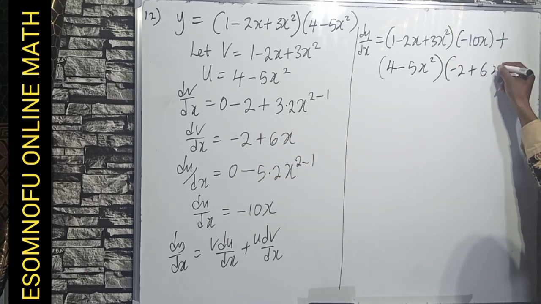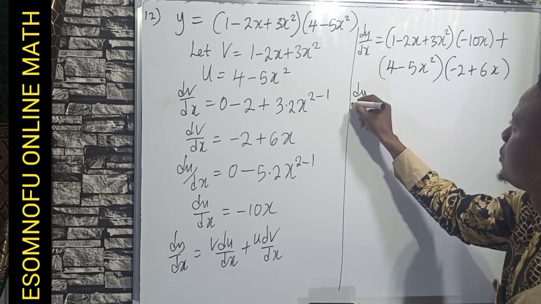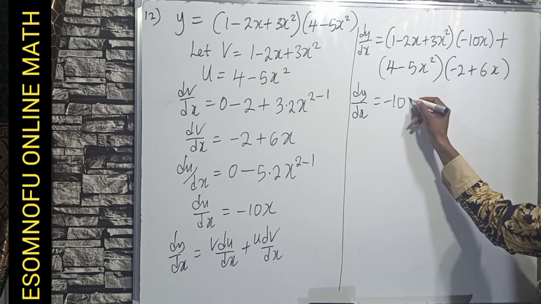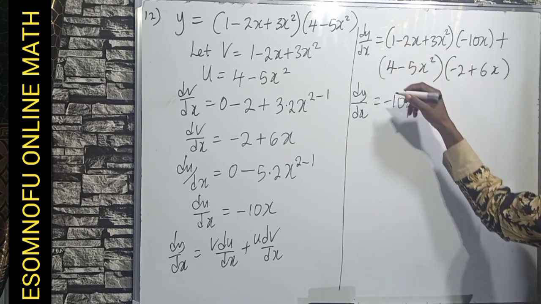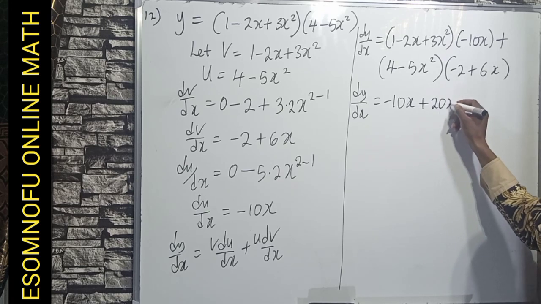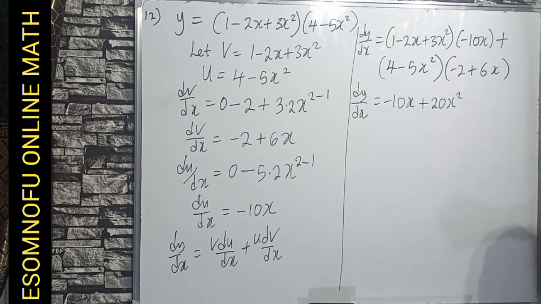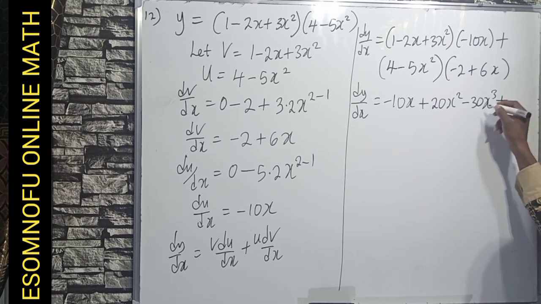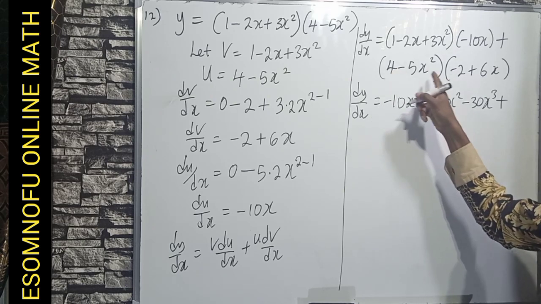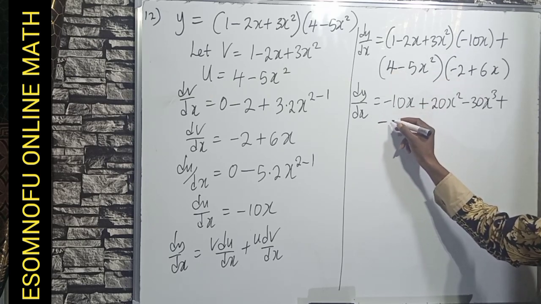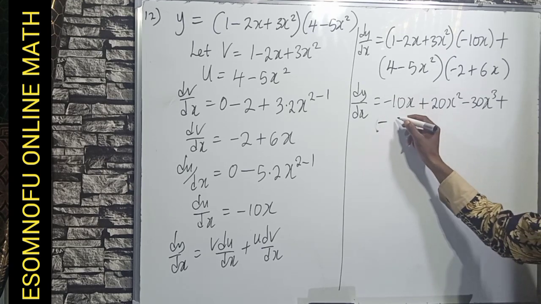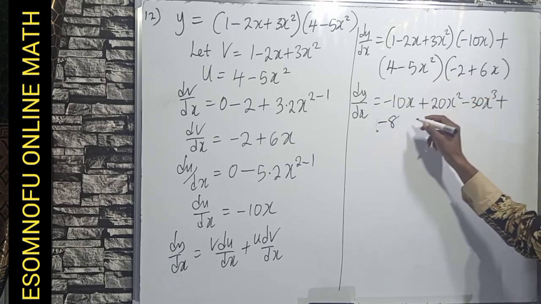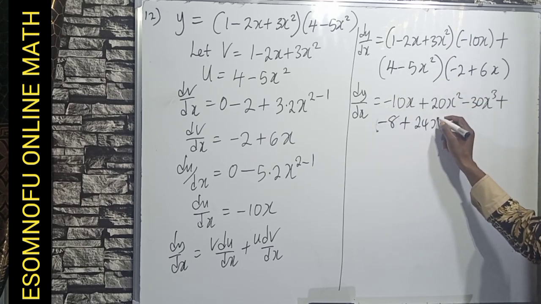Minus 2 plus 6x, you open the bracket, dy over dx will now be minus 10x times 1 is minus 10x, minus 10x times minus 2x is plus 20x squared, minus 10x times 3x squared will give us minus 30x to the power of 3, plus, open the bracket here, 4 times minus 2 is minus 8, because 4 times minus is minus 8. 4 times 6x is plus 24x.